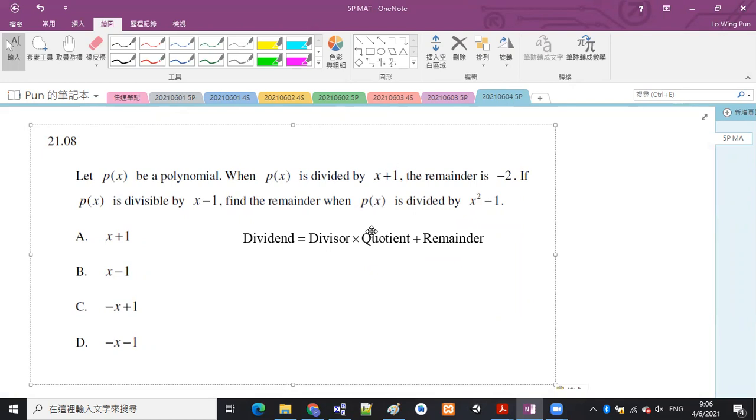It's better. When the divisor has square term, then we cannot use the remainder theorem that we used before.